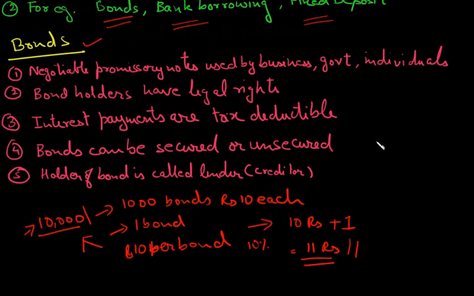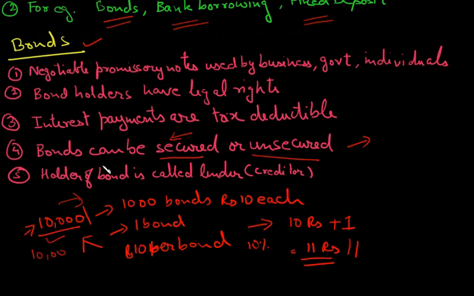Suppose this company earns around 1,000 rupees and it gives around 100 rupees in the form of interest payments. The tax will be deducted only on 900 rupees and not on 1,000 rupees. So this is the main reason why we say that interest payments are tax deductible.